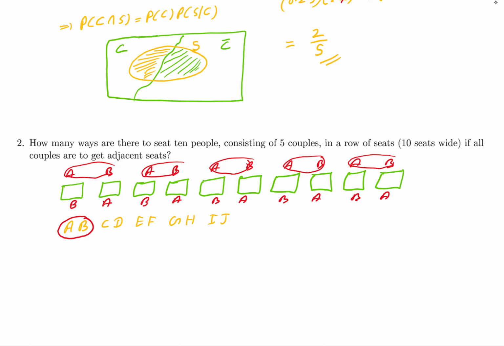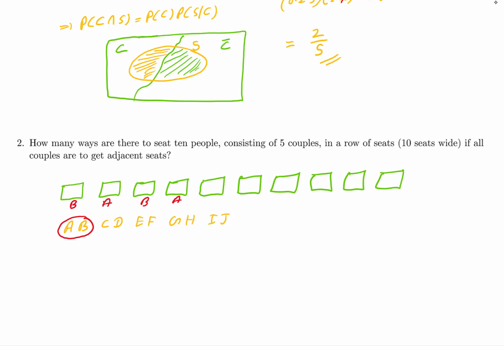Sorry, 10 possible ways. First one, second one, third one, fourth one, fifth one. Similarly, 6, 7, 8, 9, 10. Therefore, for the first couple, there are 10 ways they can sit, right?